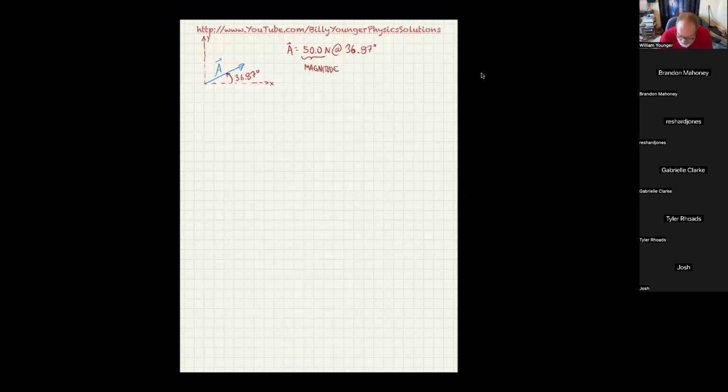And magnitudes technically always have to be positive. Okay, magnitude of a vector is always positive. Now, the components can actually have negative and positive magnitudes because they are actually specifying a direction. So when you say has a negative x component, you're really not saying the magnitude of the x component is negative.